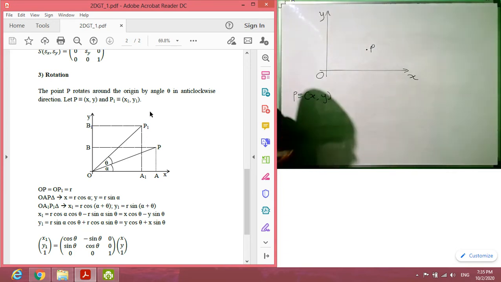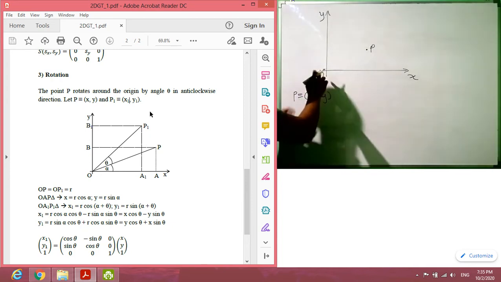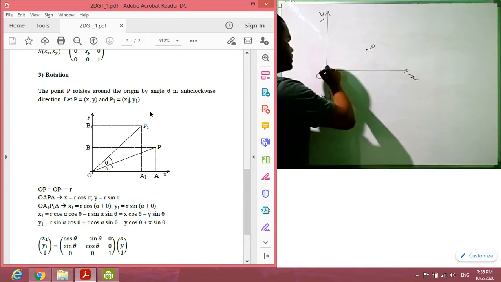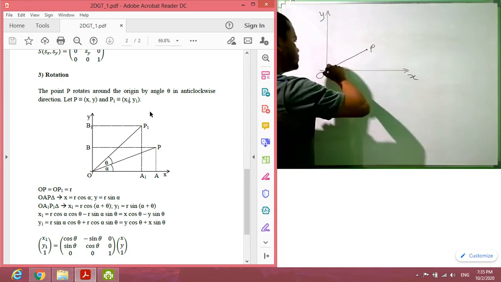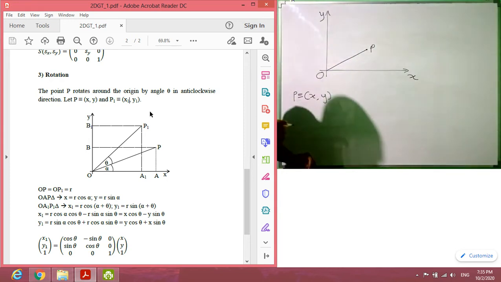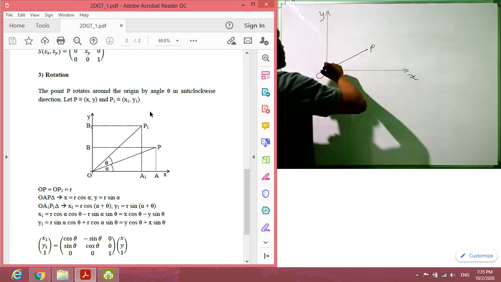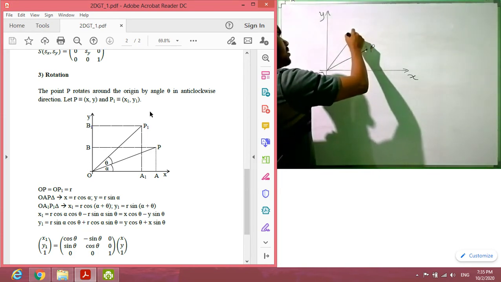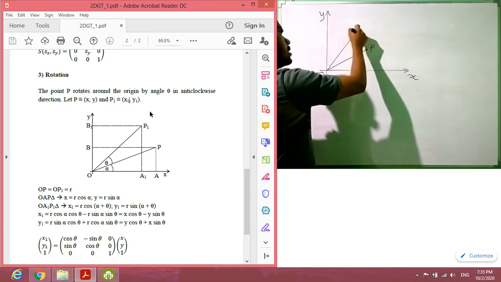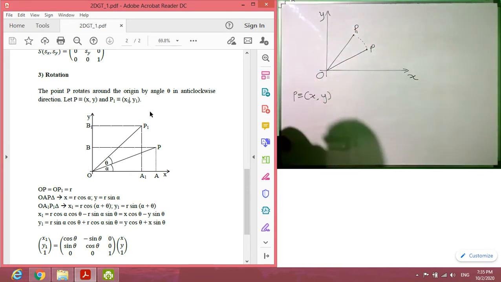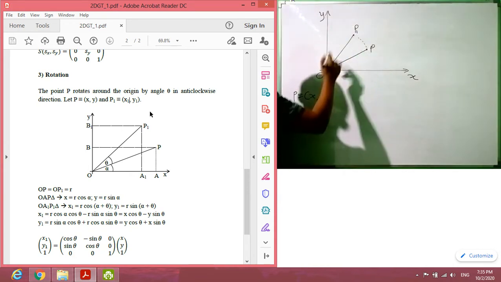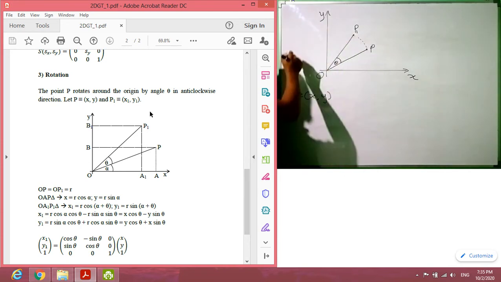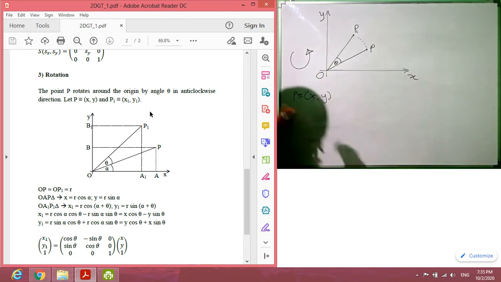Now P rotates around the origin by an angle of theta, and it comes to here, to P1, and now this is our theta, and you can see it occurs in anti-clockwise direction.